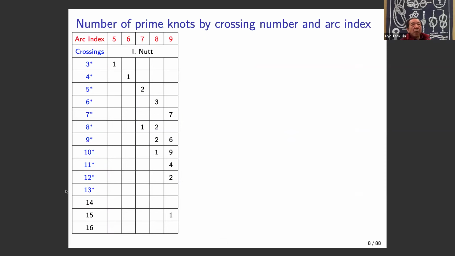Knot tables listed knots and links up to arc index 9, and this table shows only the prime knots, and his list contains composite knots and also some links.